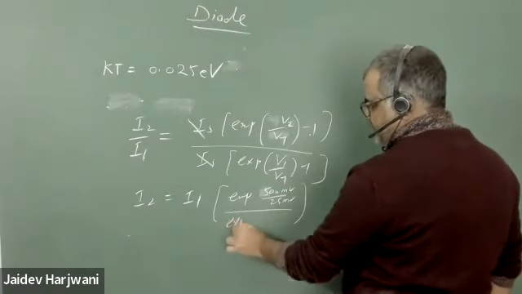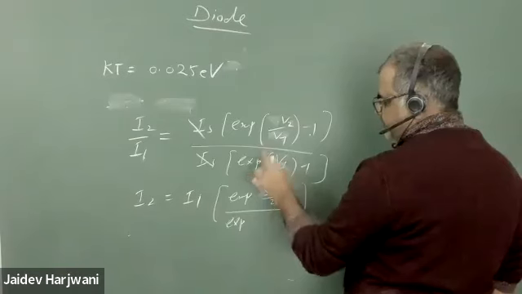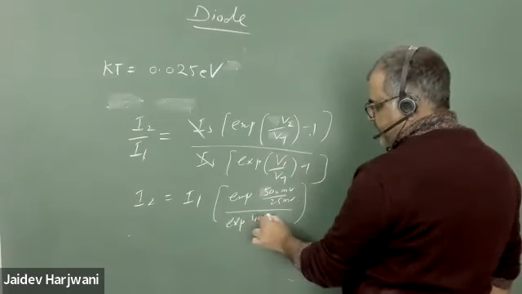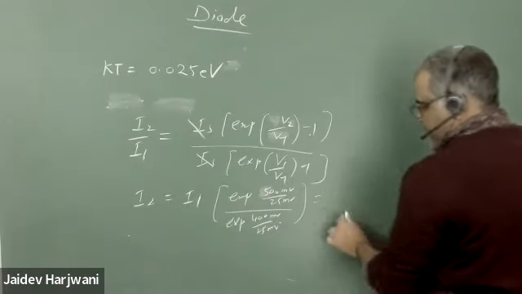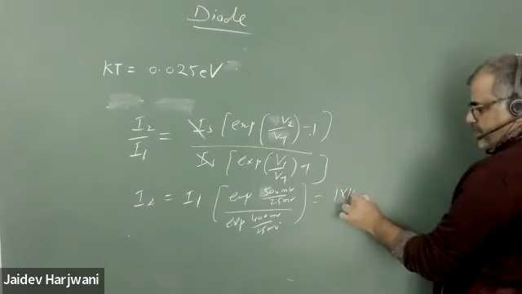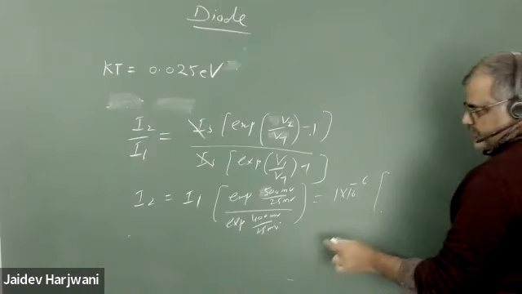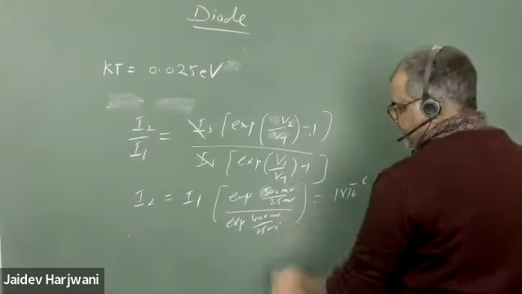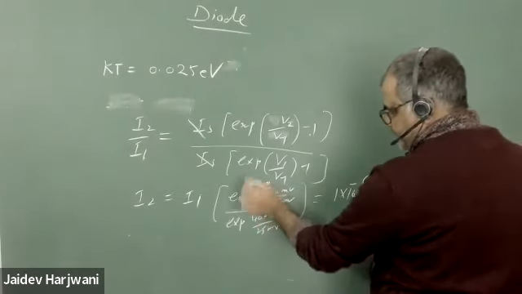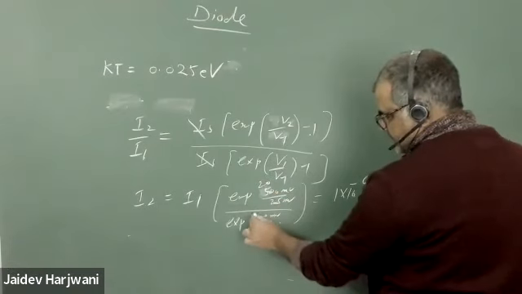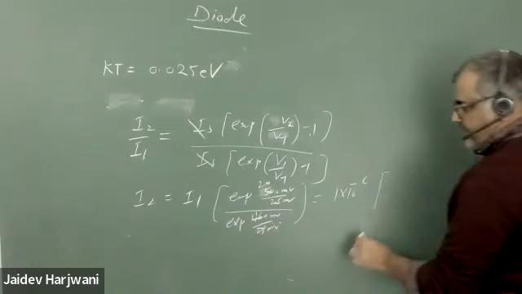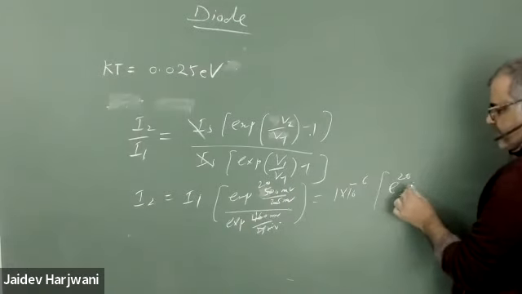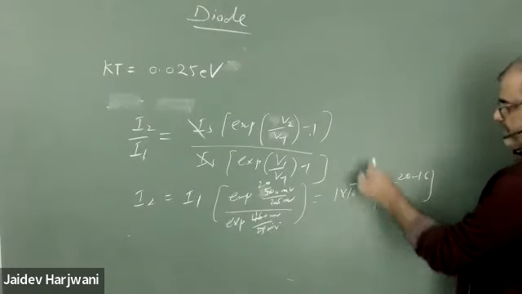Here I have exponential of 400 millivolts upon 25 millivolts. So what I get now: I1 is 1 microampere, exponential, millivolts cancel, this becomes 20, and this becomes 16. So you have exponential of 20 minus 16.